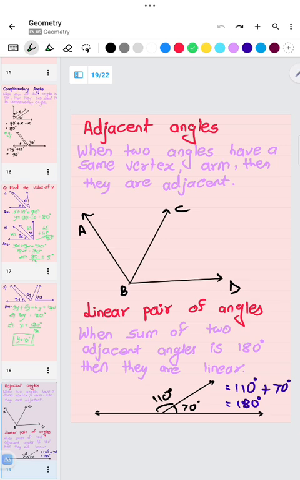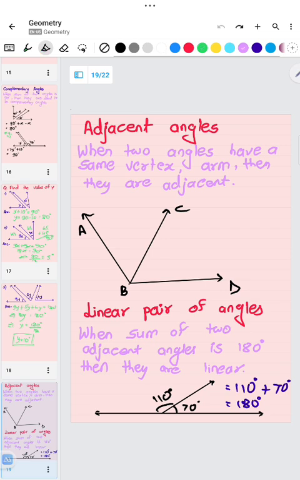When sum of two adjacent angles is 180 degree, then they are linear. Okay, here one angle is 110 and second angle is 70. 110 plus 70 gives 180 degree. That means there is linear pair.